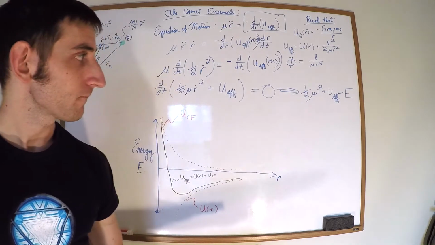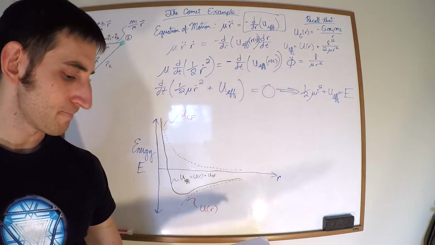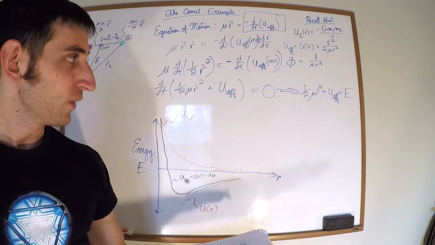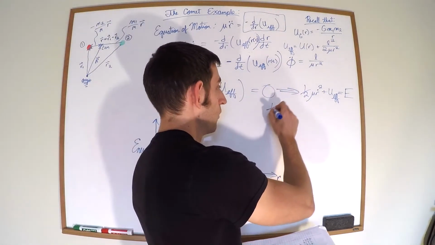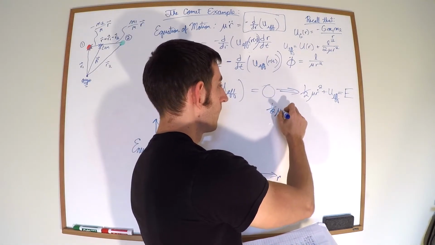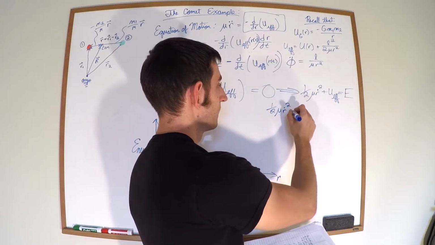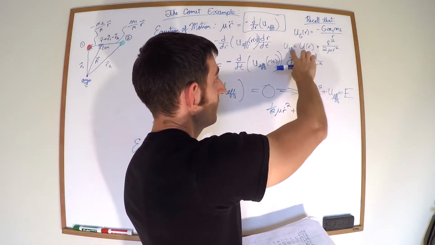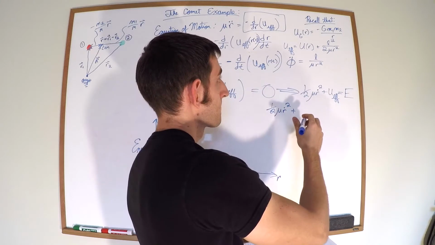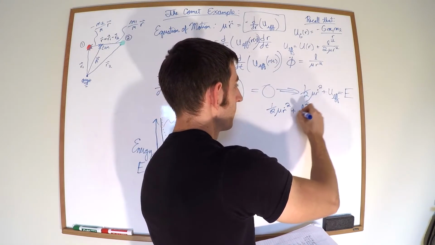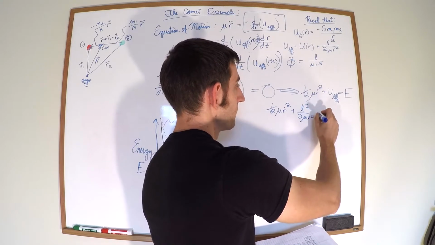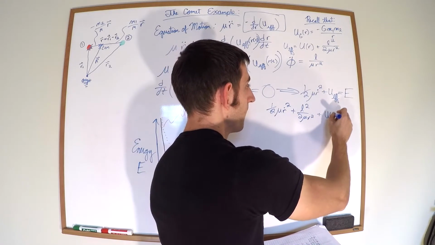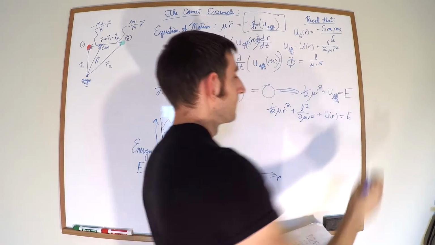Now, if we expand this out a bit, look, we get 1/2 mu r dot squared plus L squared over 2 mu r squared plus U of r equals E.